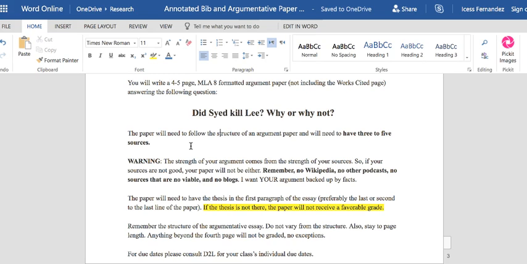We're perfecting it this week. You're going to learn about summary and paraphrasing this week as well, and how not to plagiarize. So that's also coming up. So you're very well prepared to write this paper. All you have to do is execute.